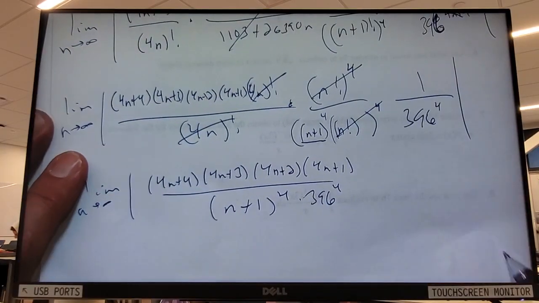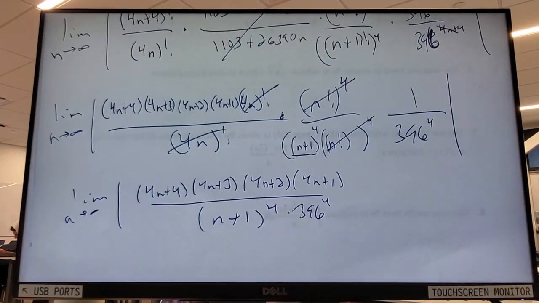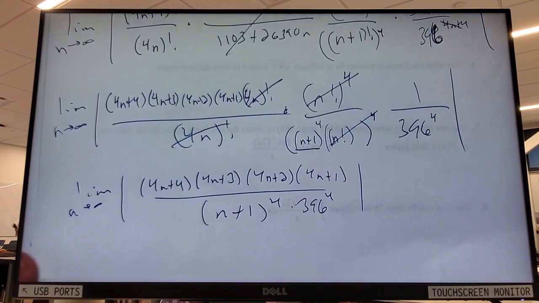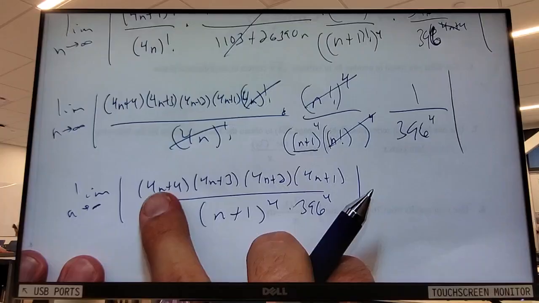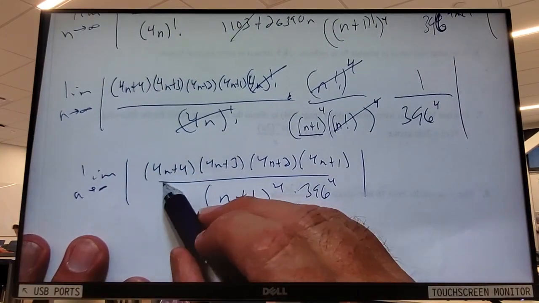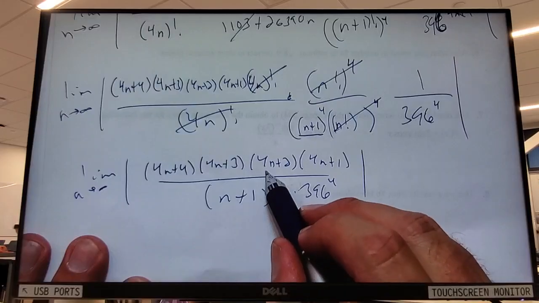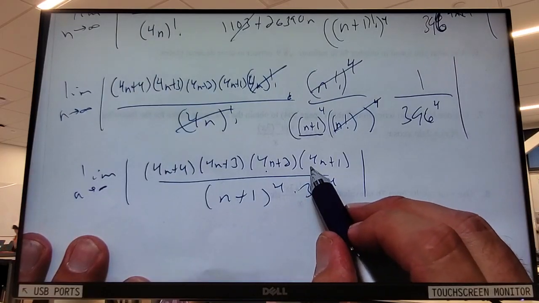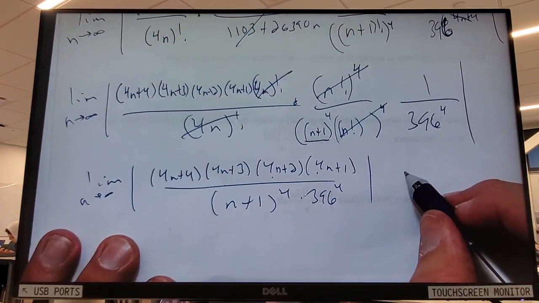Now, if I let n go to infinity, can somebody tell me what the coefficient of the n to the fourth would be? It will be 4 times 4 times 4 times 4, 256.